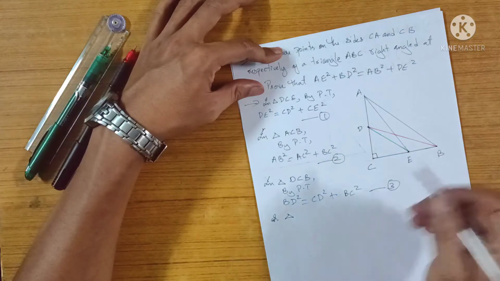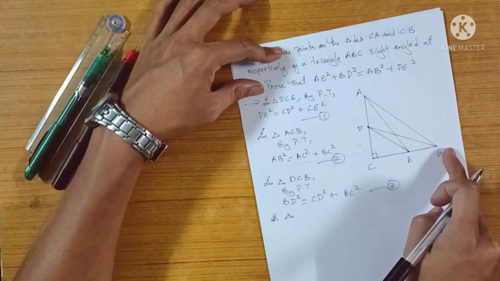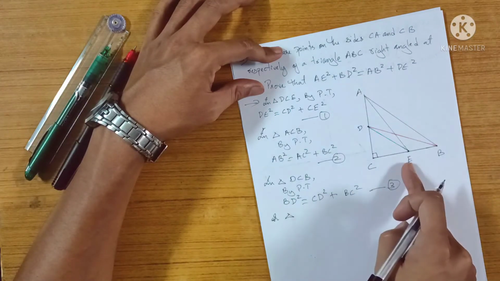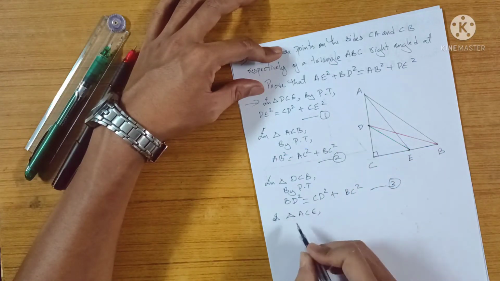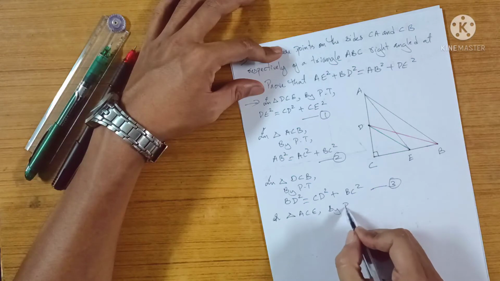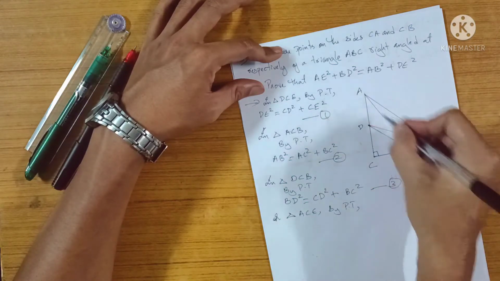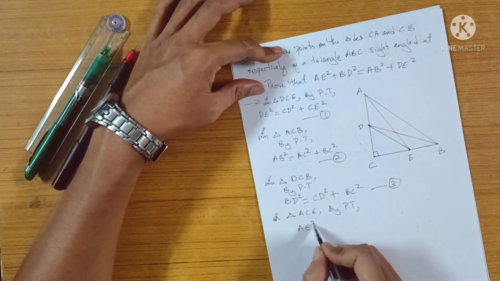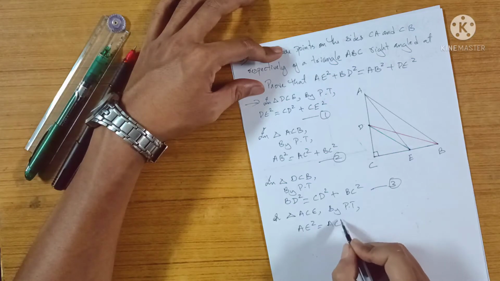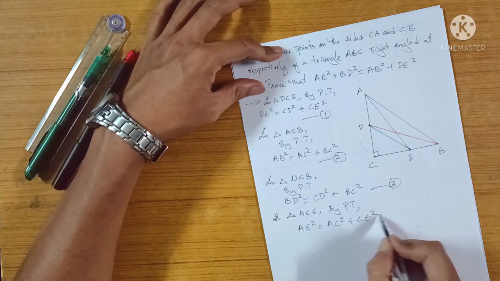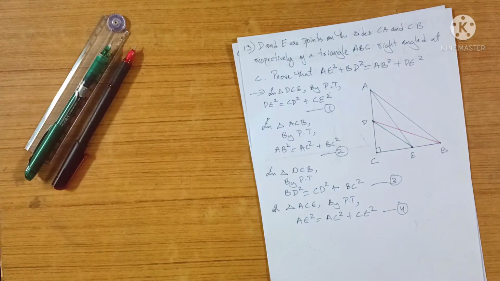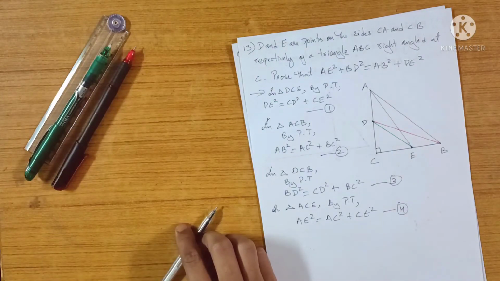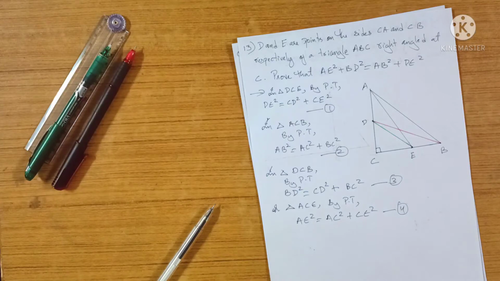In triangle, since we took BD as a hypotenuse, now we can take AE as a hypotenuse. So in triangle ACE, by using Pythagoras theorem, we can say AE square equal to AC square plus CE square. Equation number 4. Is there any other right angle triangle or not? No. Sorry, wait.